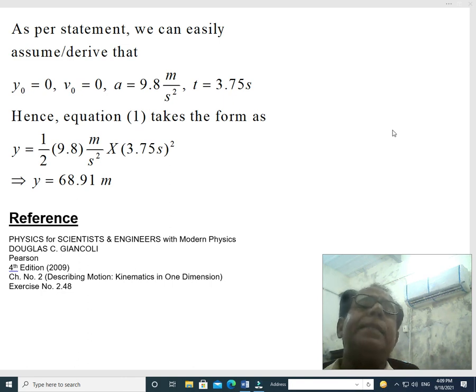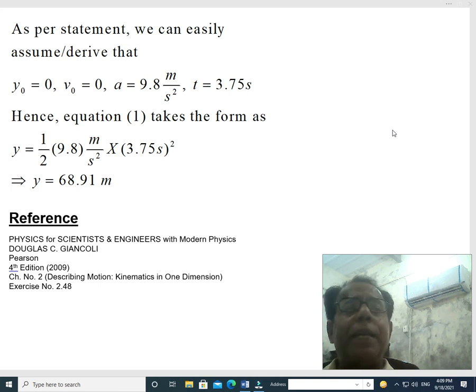This is our required answer of the problem, the required height, which is 68.91 meter.